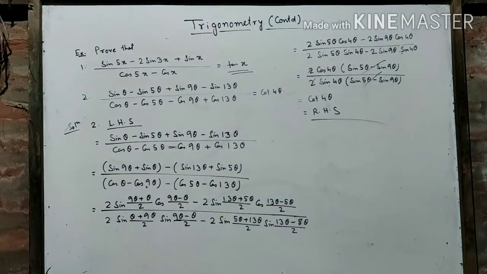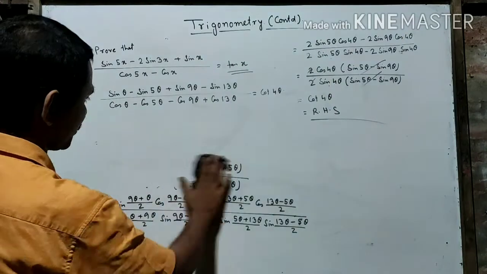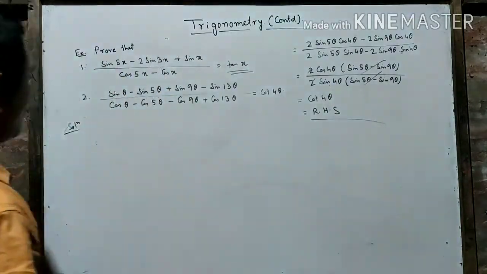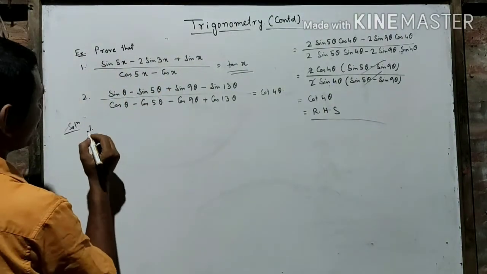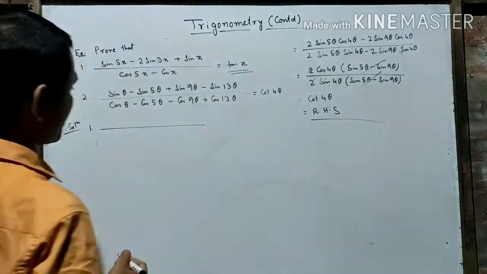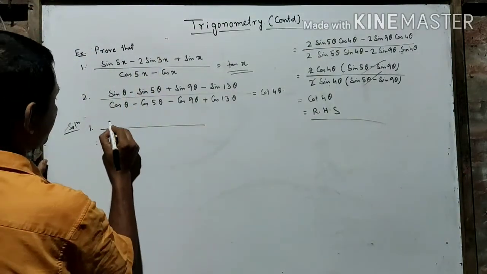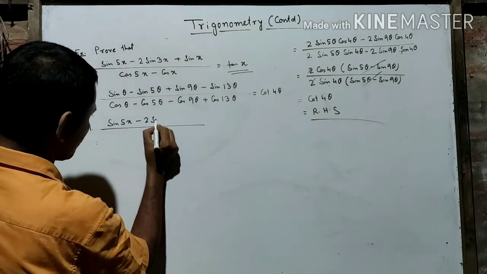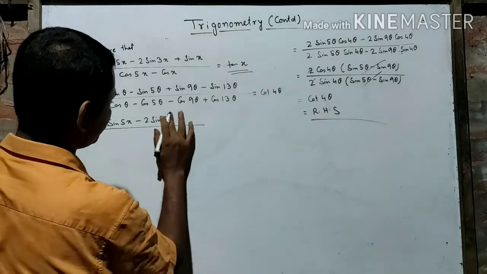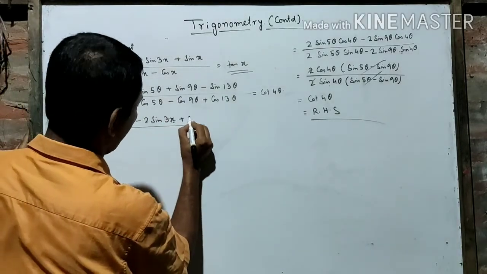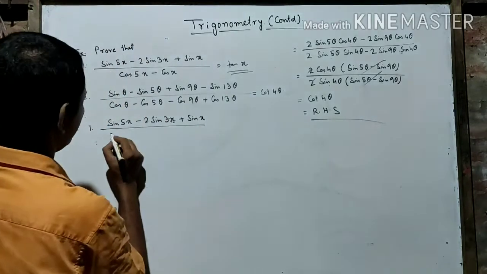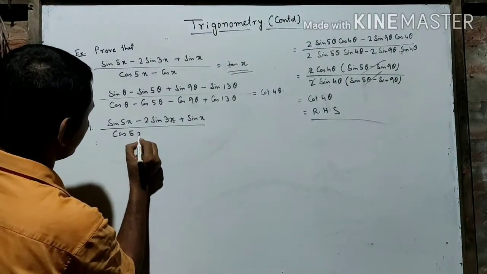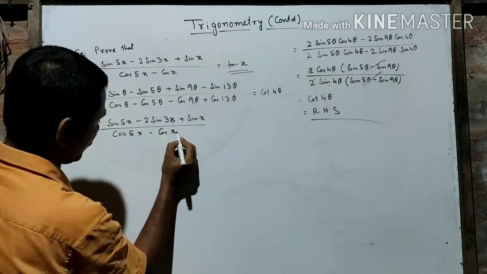Okay, now we will do question number 1. We'll solve question 1. So let's start. Here the right hand side may be correct, may be wrong. Let's see. Sin 5x minus 2 sin 3x plus sin x over cos 5x minus cos x.